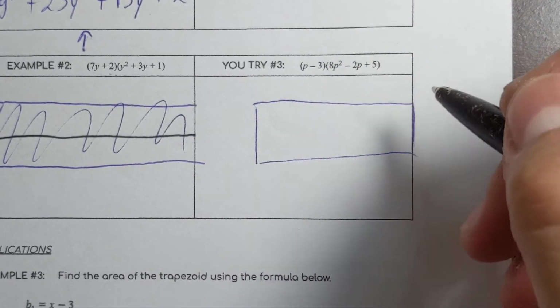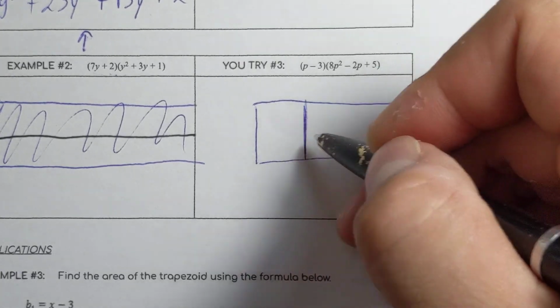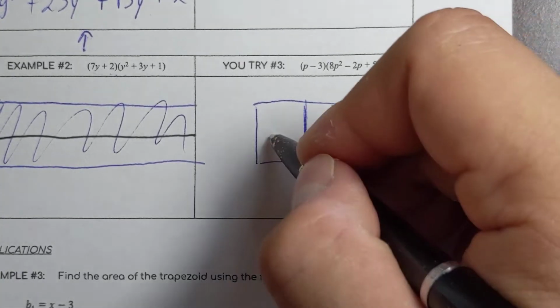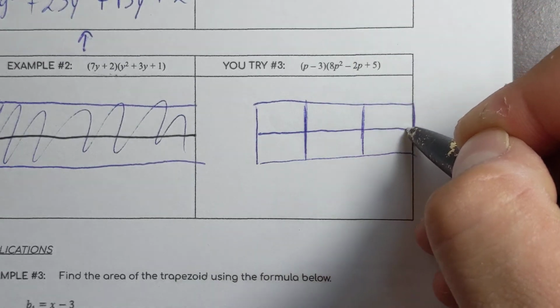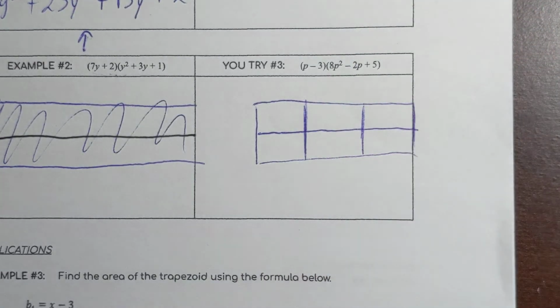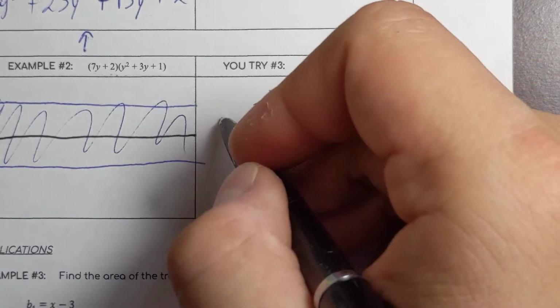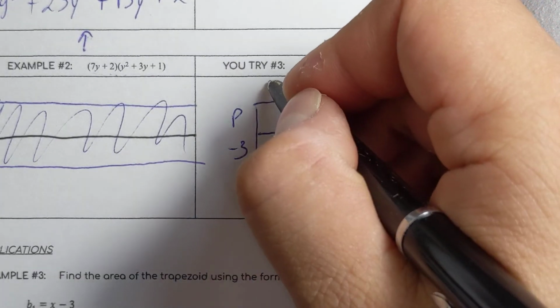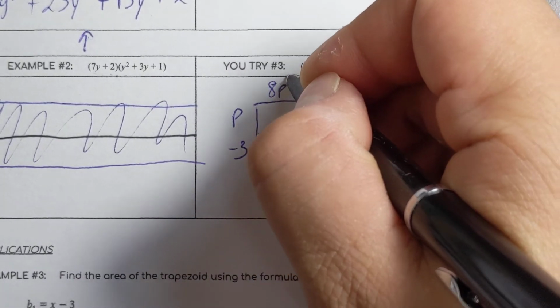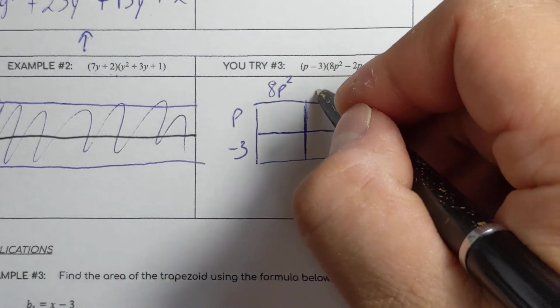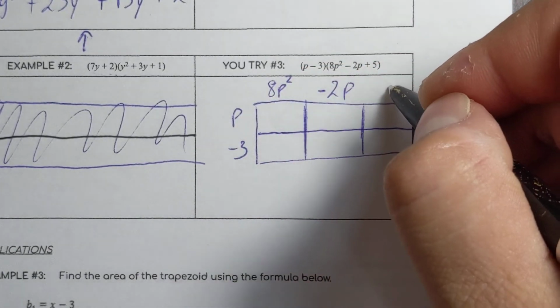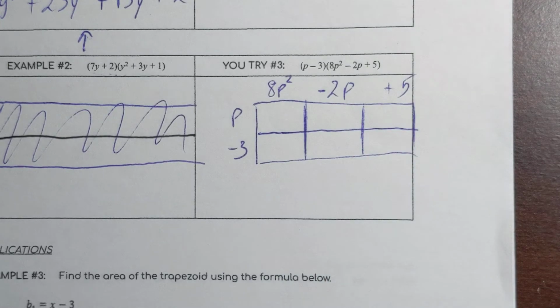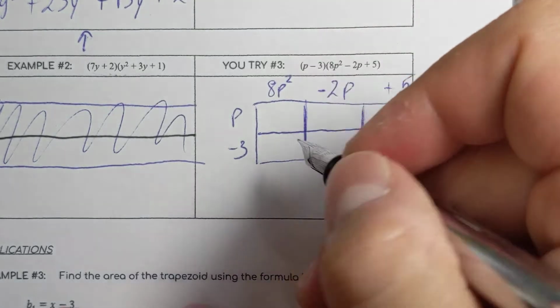So it's going to be 2 by 3. Alright, so right now the terms on the side here should be p, negative 3. Up here should be 8p to the second power, negative 2p plus 5. And then you fill out the blanks of those.